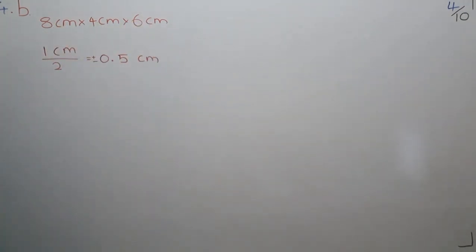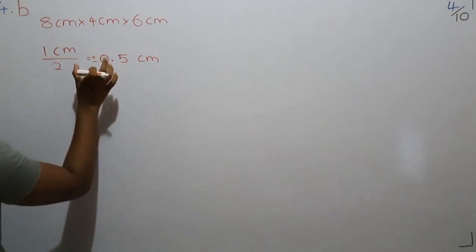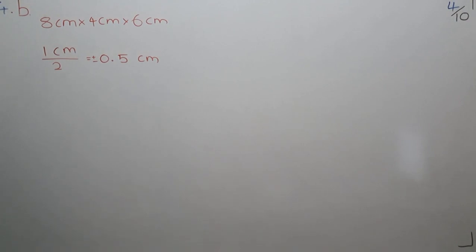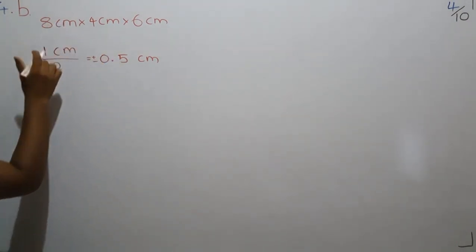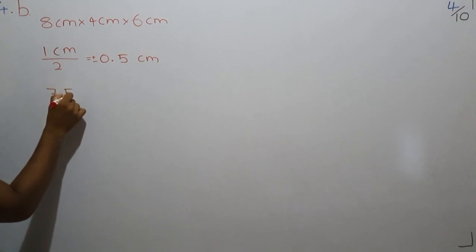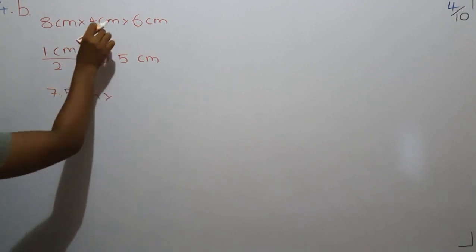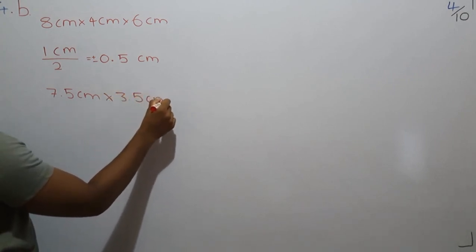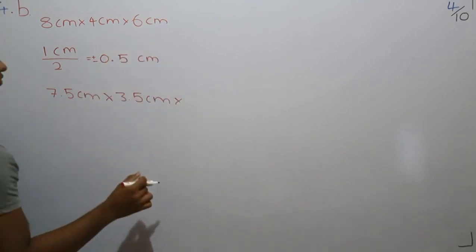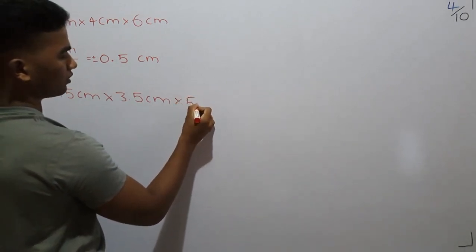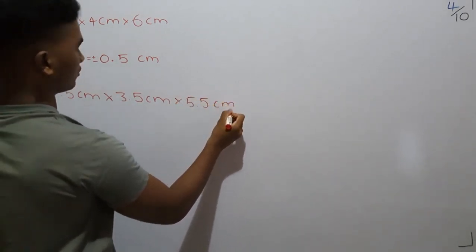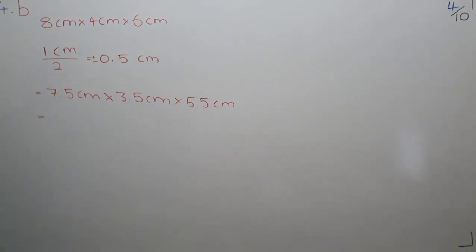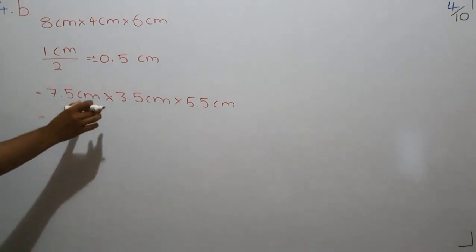To calculate the lower bound, we'll subtract 0.5 from everything. 8 centimeters minus 0.5 is 7.5 centimeters, into 4 minus 0.5 is 3.5 centimeters, into 6 minus 0.5 is 5.5 centimeters. Always in these lower bound and upper bound questions, they will be giving to the nearest something, so you should use that.